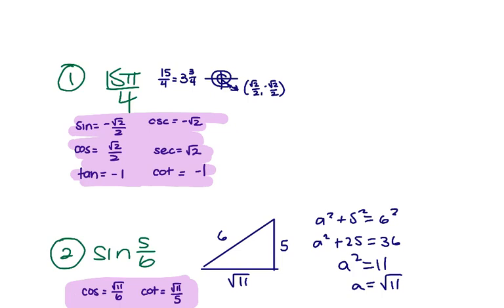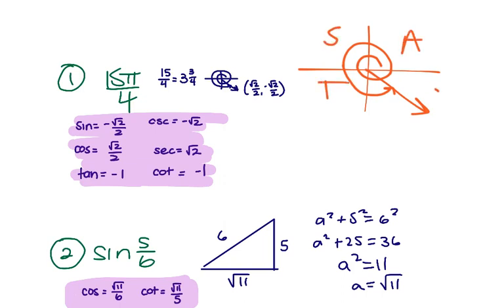Number 1 said to find the trig functions of 13 pi over 4. If you convert that into a mixed number, that's 3 and 3/4 pi. Remember, the odd whole numbers end up on the left. If I go all around, this would be 1, this would be 2, this would be 3. And then 3/4 is past the 1/2 mark, but not quite to the 1, which means it's in the fourth quadrant.